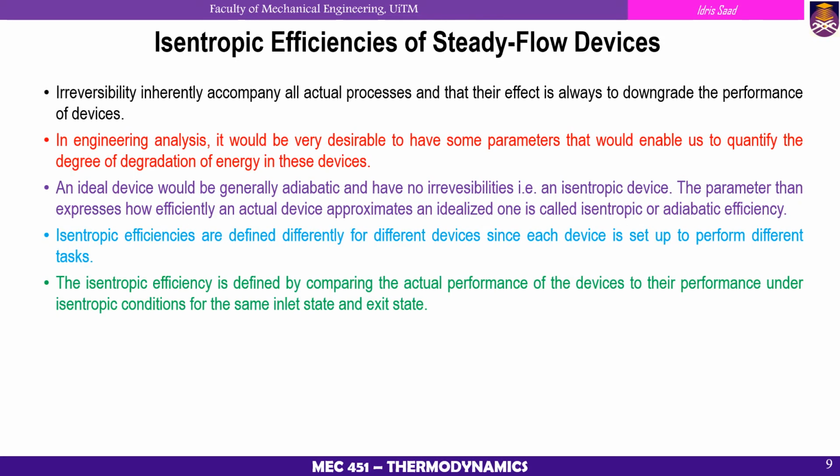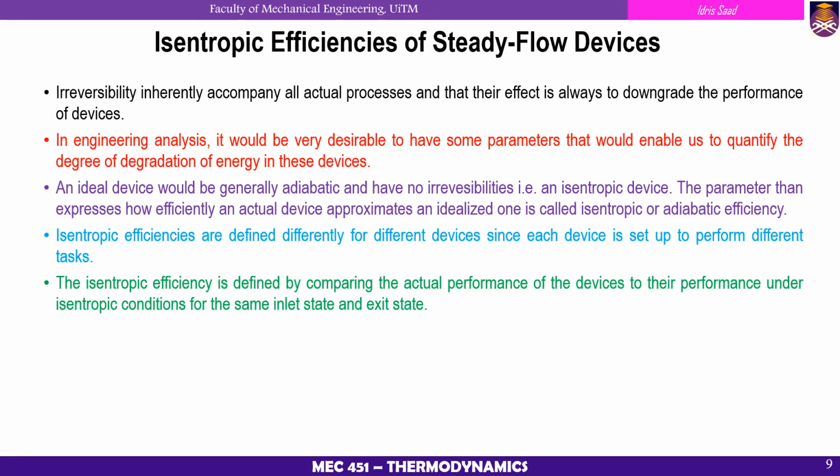Now we move on to the second topic in this video, which is the isentropic efficiencies of some steady flow devices. As we are all aware, the efficiency of an actual device, component, or system is always lower than the ideal one.